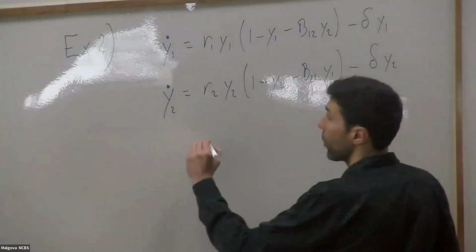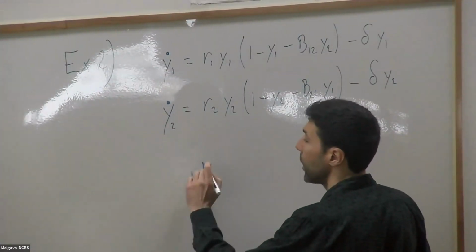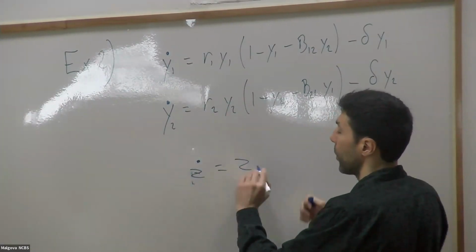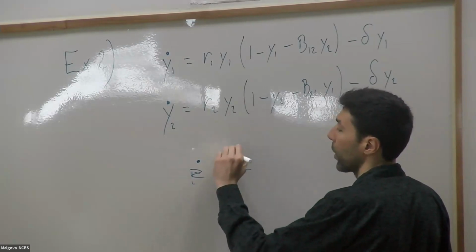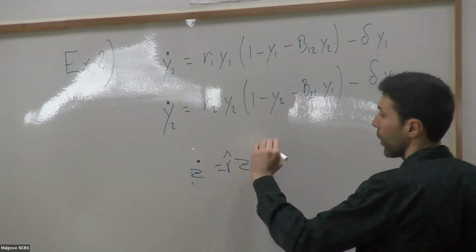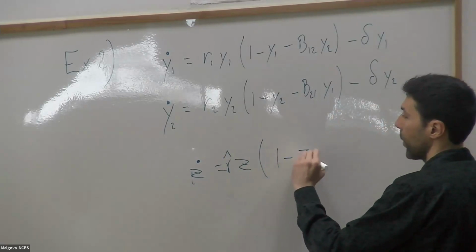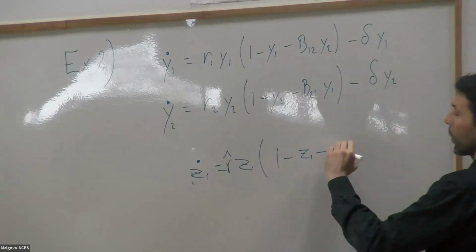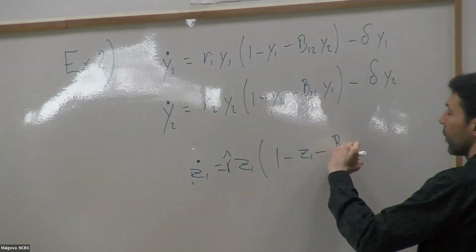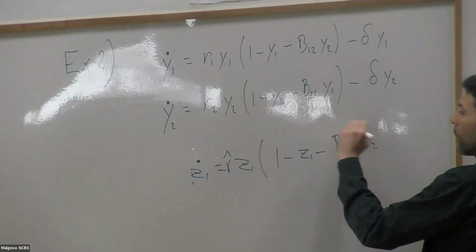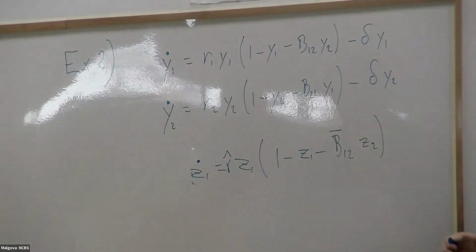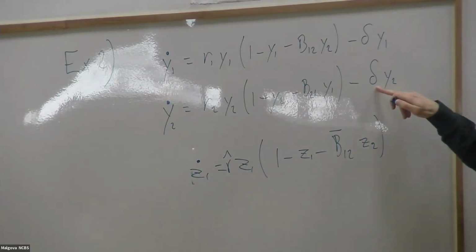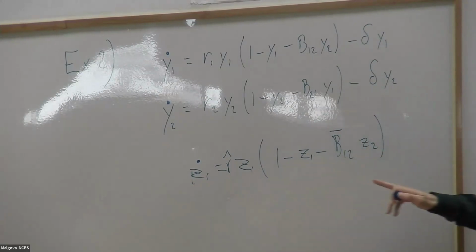Okay, so somehow you will end up with some z, which is the new variable, and this z will grow again with a different growth rate and has this form. So the parameters will also be rescaled, but you will have incorporated the death rate into the equation.